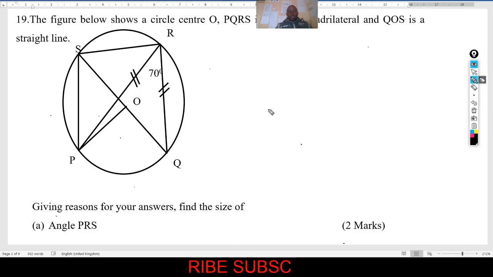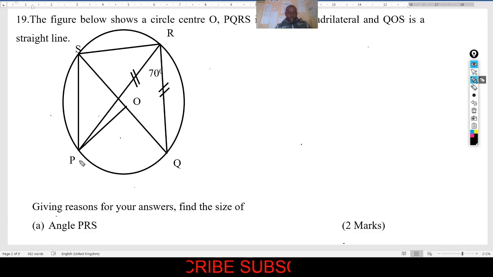Now, let us do this one. The question is talking about the figure below, which shows a circle center O. PQRS is a cyclic quadrilateral.